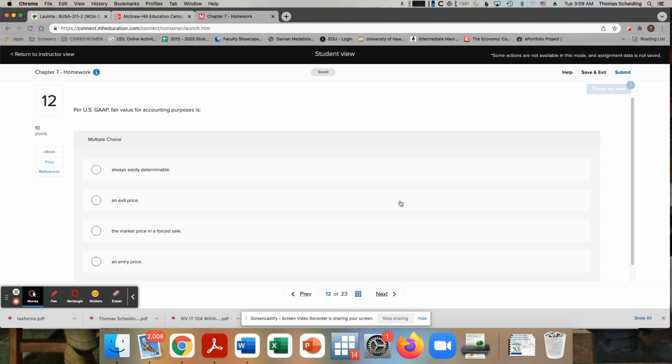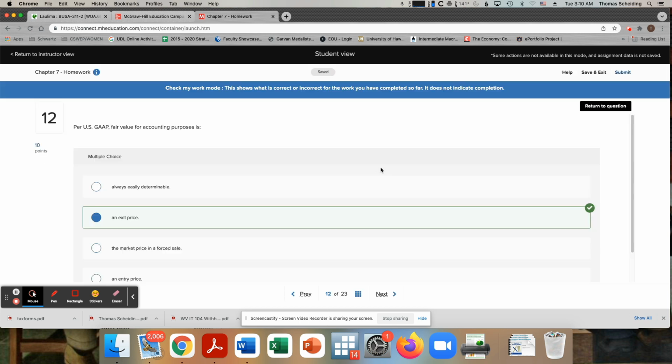Fair value for accounting purposes is the exit price. That's just the definition. It's not the market price in a forced sale, and it's not the entry price. It is the exit price by generally accepted accounting principles. There's nothing for me to add here.